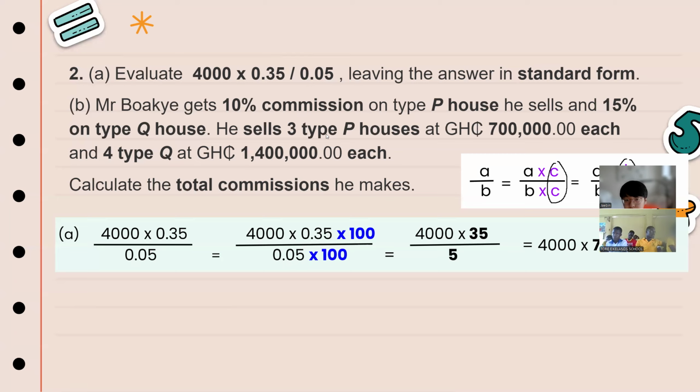He sells 3 type P houses at 700,000 Ghana cedis each, and 4 type Q houses at 1.4 million Ghana cedis each. That's the price of each individual type of house. Then calculate the total commission he makes.